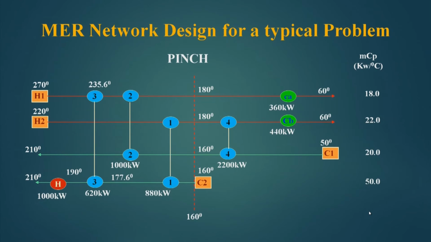So, we have seen that we are able to decrease a heat exchanger by breaking one loop. Similarly, we can also break the second loop and decrease the heat exchanger cost or the number of heat exchanger by 1. So, that we reached the minimum heat exchanger level, that is 7 in a non-MER design.